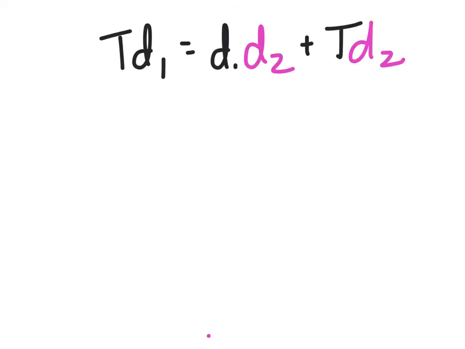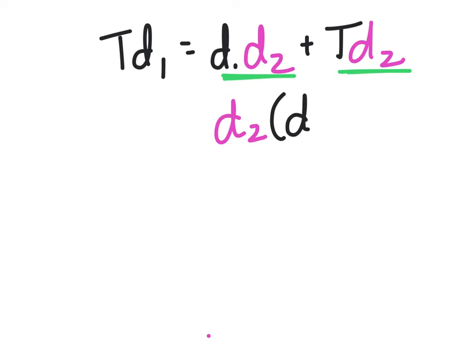So now that I have the variable that I'm interested in on one side, I'm going to factor out the d2 so that I only have one d2 because I can't solve for two d2s. So d2 times d1 plus t is equal to t d1.